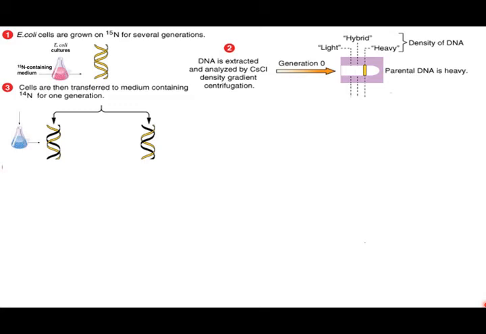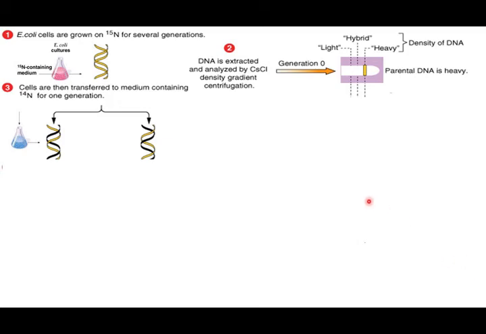If cesium chloride is spun in a centrifuge at a tremendously high speed, around 50,000 revolutions per minute, for many hours, the cesium and chloride ions tend to be pushed by centrifugal force towards the bottom of the tube. Ultimately, a gradient of ions is established in the tube with heavier DNA at the bottom, lighter DNA at the top, and hybrid in between.